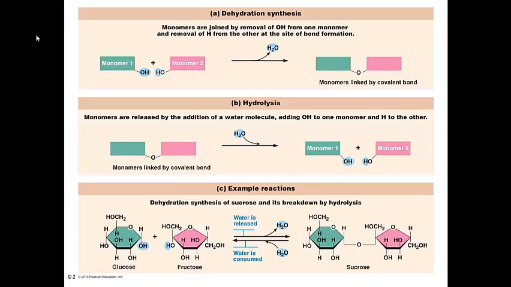So when I link two together through dehydration synthesis, I have what we call a disaccharide. Sucrose is a disaccharide. What if I link a whole bunch of these guys together? I make a polysaccharide. Poly means many. So in the carbohydrate family, I can have building blocks, and there's a whole bunch of different ones.